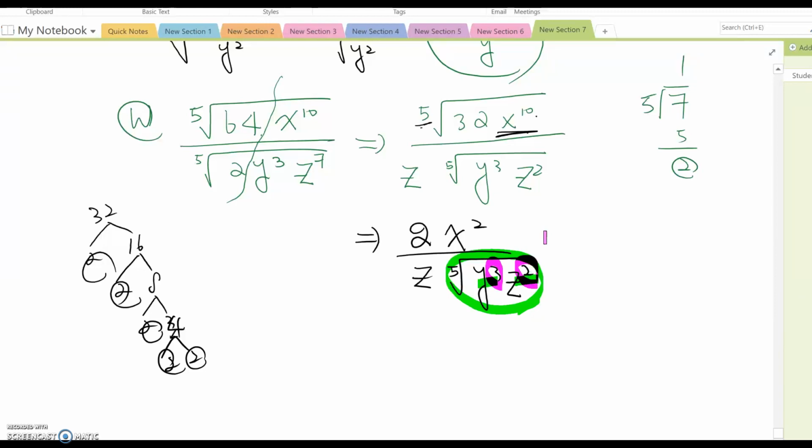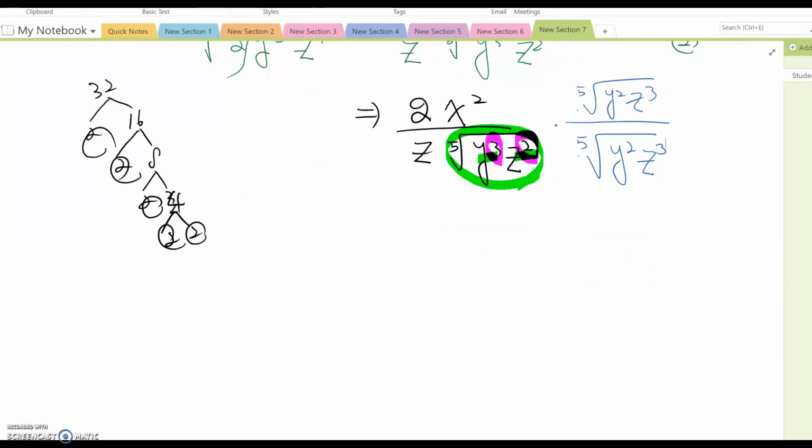Then how many y do we need more? Also, how many z do we need more in order to complete 5? If you think y squared z cubed, then that is correct. So you multiply the same thing on the numerator and denominator, then after simplifying, this becomes 1, so basically nothing happened.